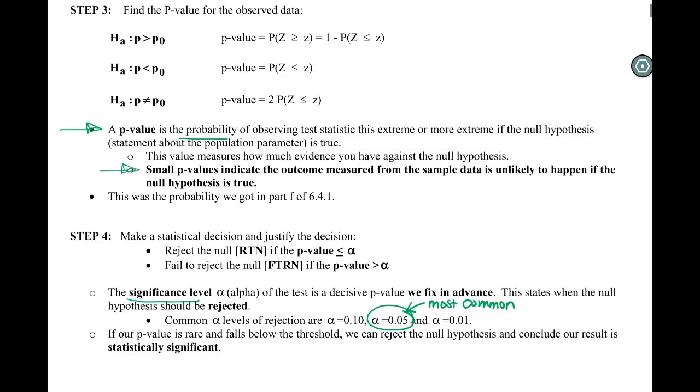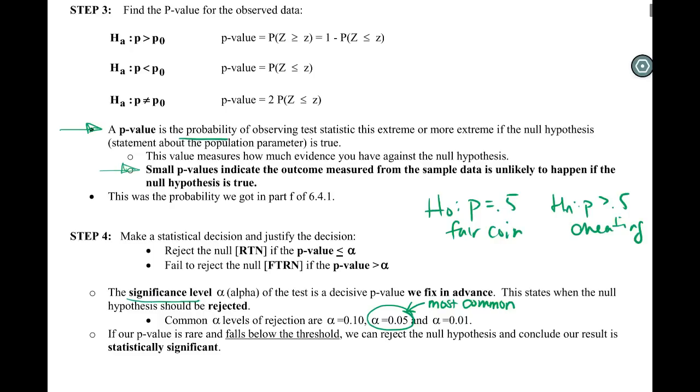If your p-value is less than that, that's our threshold for something being very rare, essentially. So if it's less than that, then we're going to reject the null. Remember our example before, fair coin versus giving more heads, cheating.